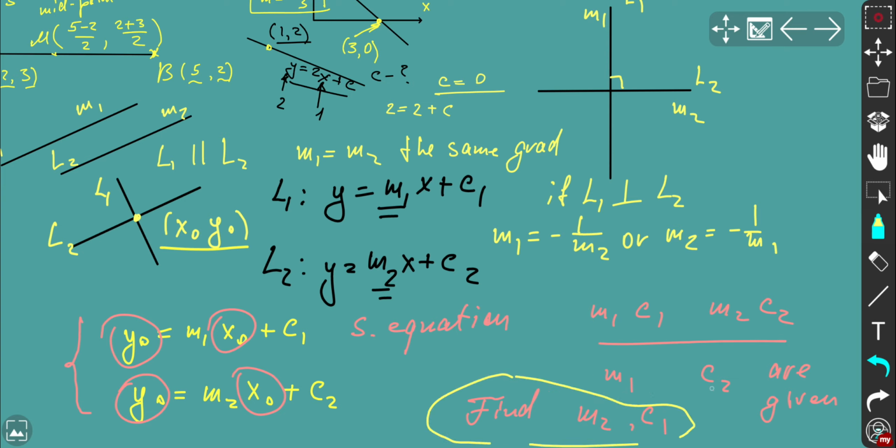If you are given m1 and c2 as numbers, then for two equations you need at most two unknowns to solve them. Otherwise you won't have enough data to solve it completely.